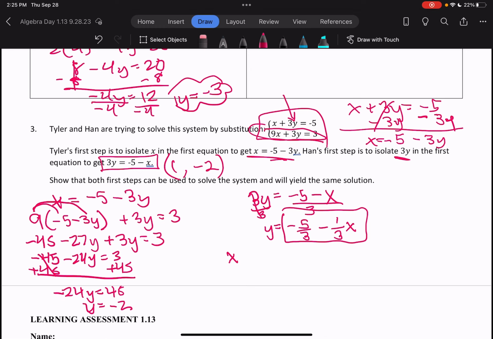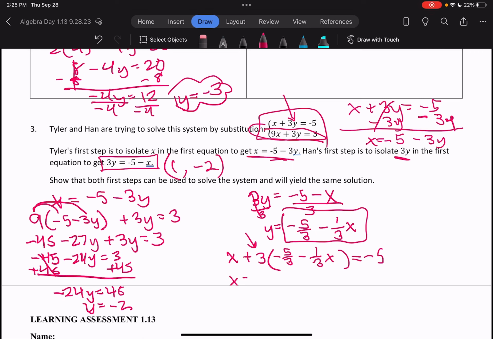So we have x plus 3 times open parentheses equals negative 5. And we're going to plug this whole thing in for y. So negative 5 over 3 minus 1/3 x. Now I'm going to distribute my 3 here.